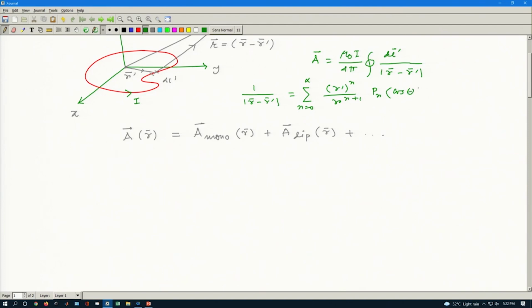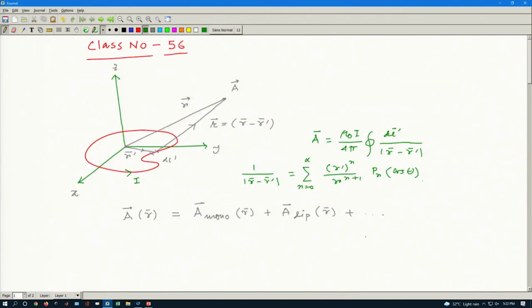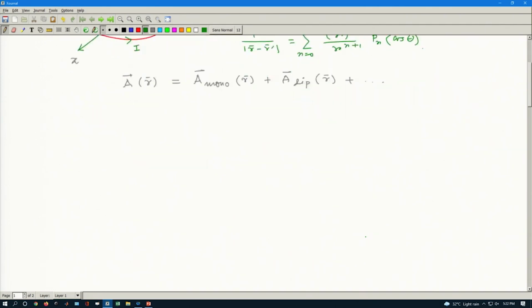We derived it during the multipole expansion problem in electrostatics. Same thing here.